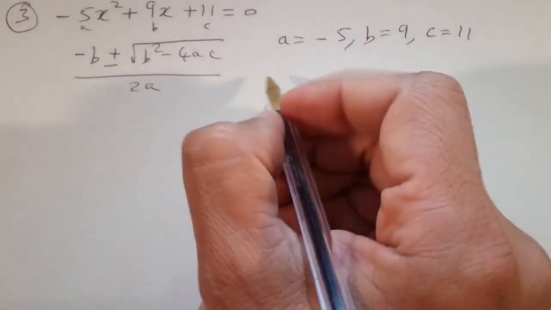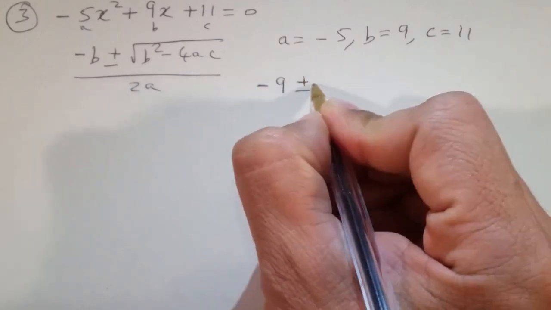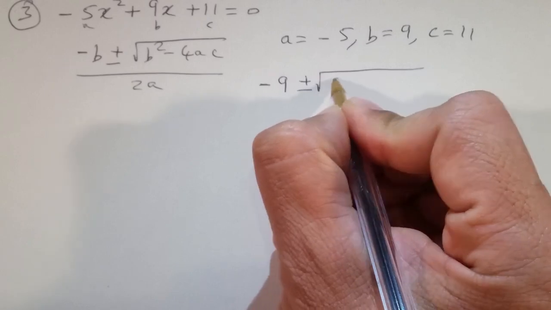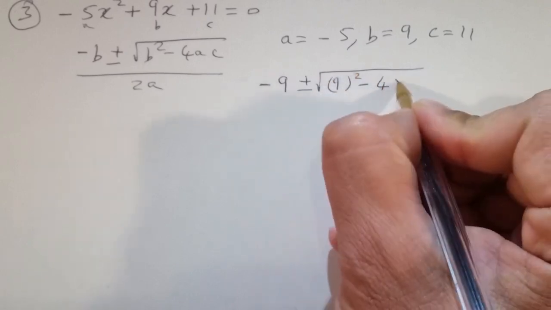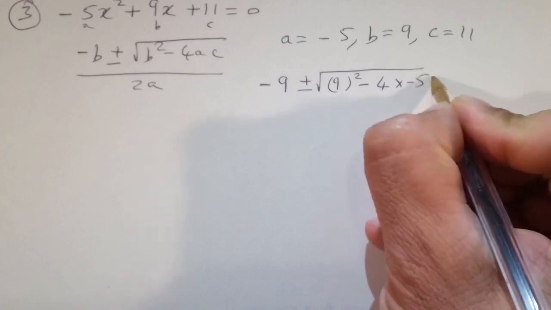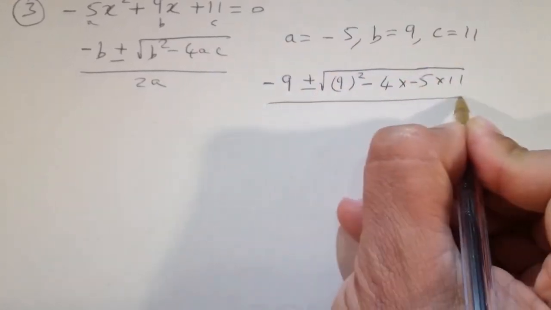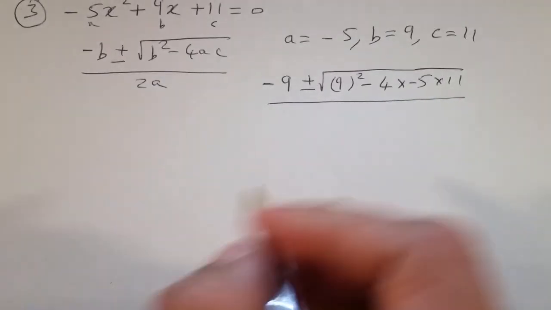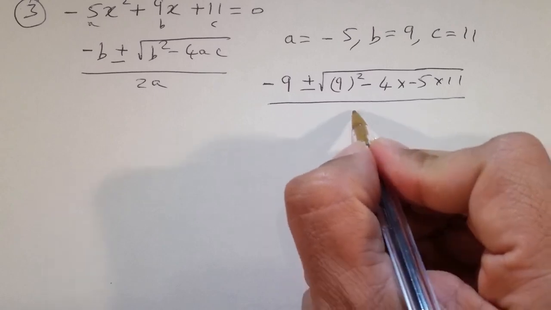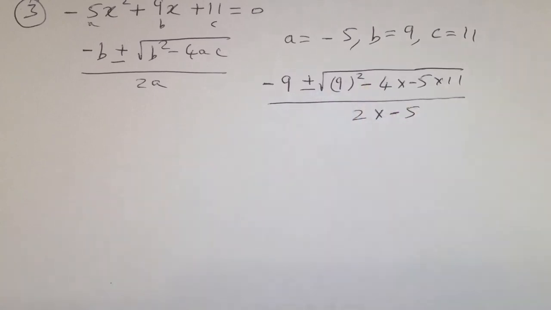So minus b, which is minus 9, plus minus root b square, which is 9 square, minus 4a, which is minus 5, and c. See, if you put it here, you won't go wrong. Be careful. Don't rush in these types of questions. And finally 2a, which is 2 times minus 5. You done?